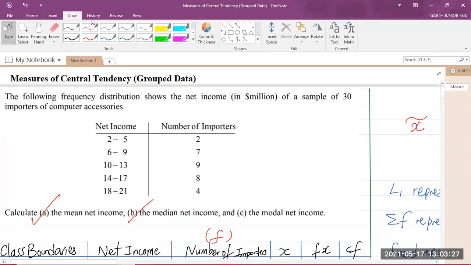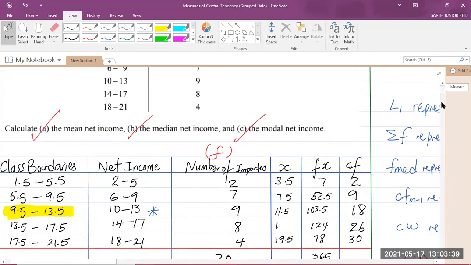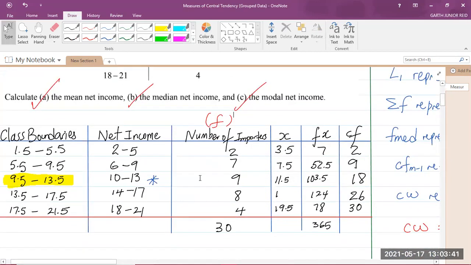We have now finished part C, which is to calculate the modal income. Please note as well that when you're calculating the mode for grouped data, your answer should also fall within the modal class boundary.